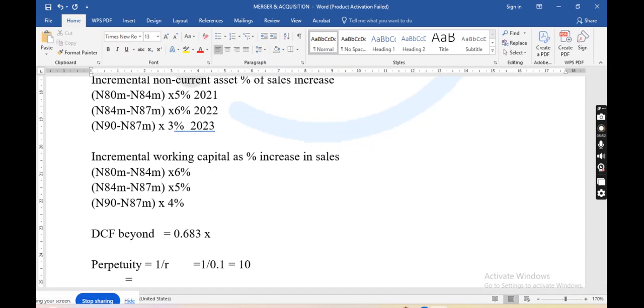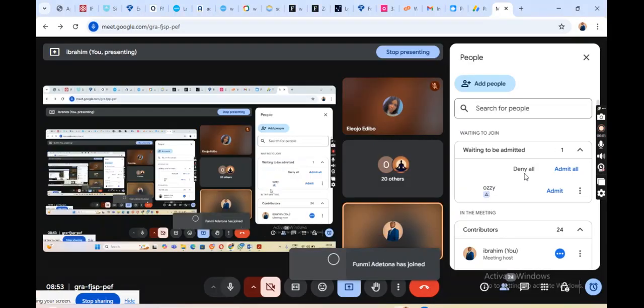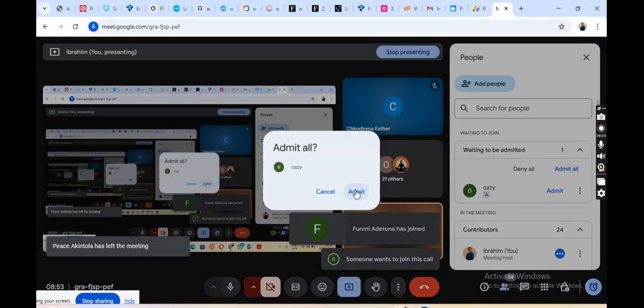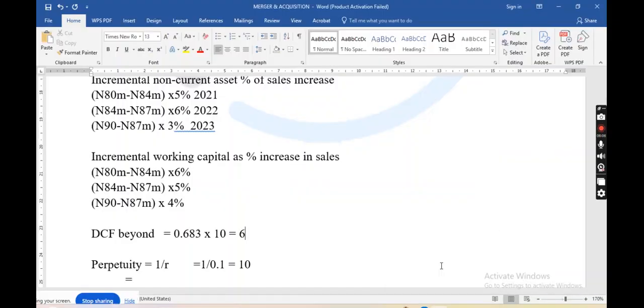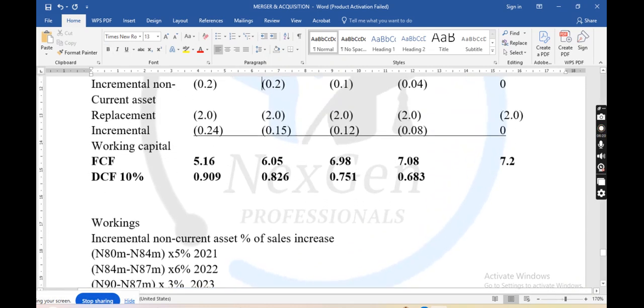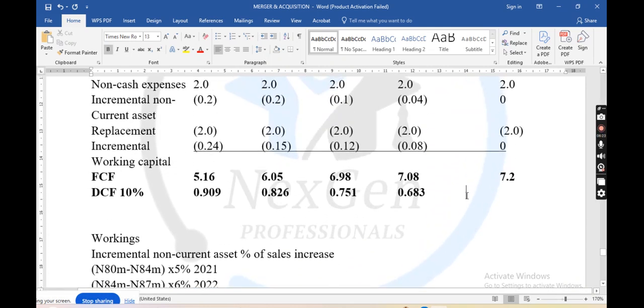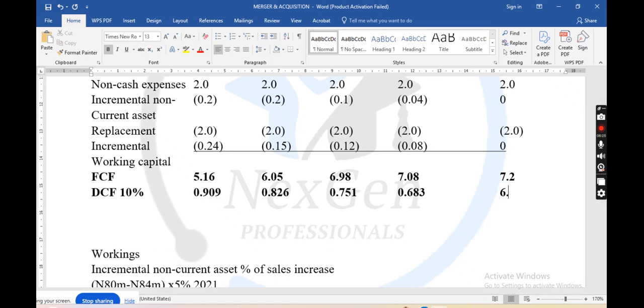So we can have 0.683 times 10. When you multiply this, what do you have? 6.83.